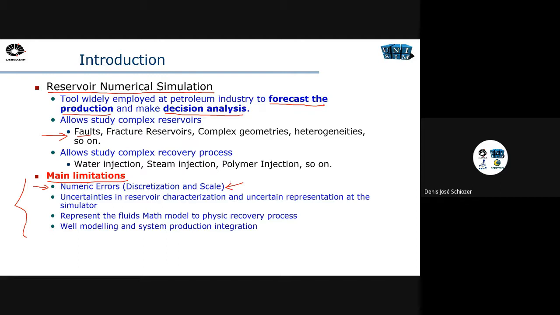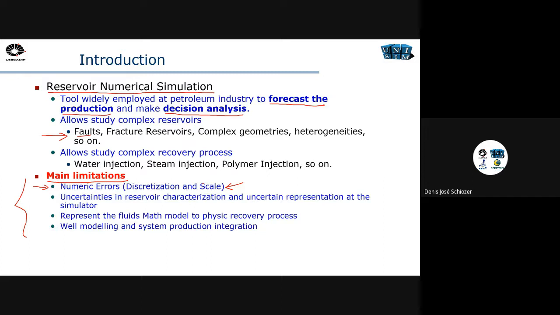So I'm going to talk a lot about these errors, and we have to be very aware of them. The main problem is not only the errors, but also the bias that they bring to the results. I'm going to talk about that briefly today and next week. What is the bias we have here?